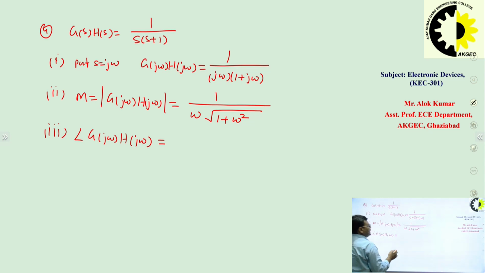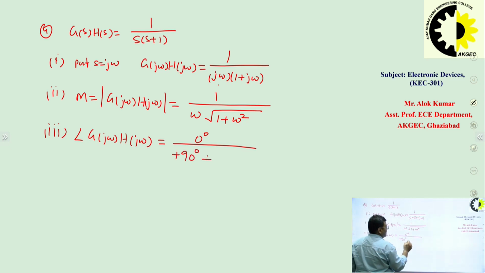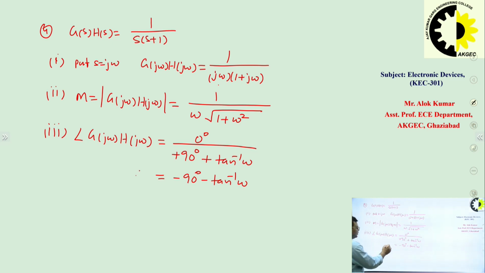For the numerator part, angle will be 0 degree. Due to this origin pole, angle will be minus 90 degree, and due to this, angle will be minus tan inverse omega. Or finally, we can say angle will be minus 90 degree minus tan inverse omega, right? So this is the total angle.